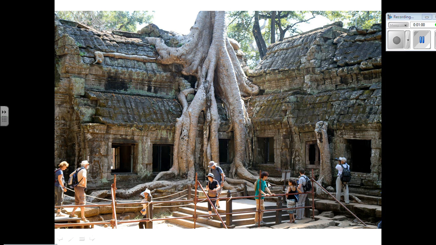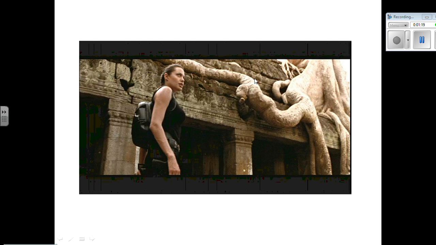It's a popular tourist destination, and it's really well known for how the local trees have sort of infiltrated the architecture with their root structure. That's not the reason we're going to look at it, but it is pretty interesting visually. So here you can see a detail in the Tomb Raider movie starring Angelina Jolie.